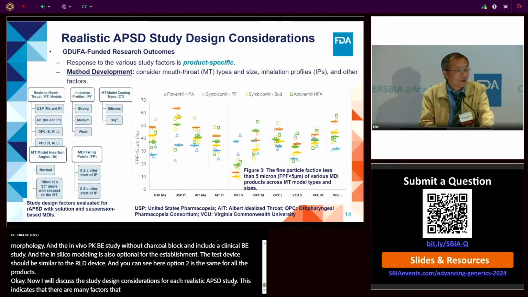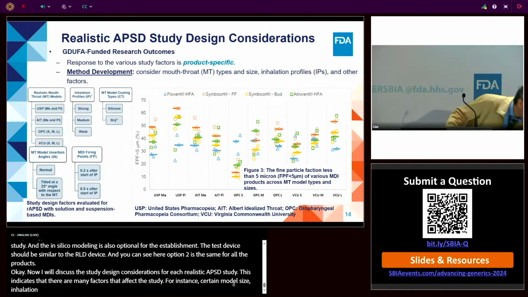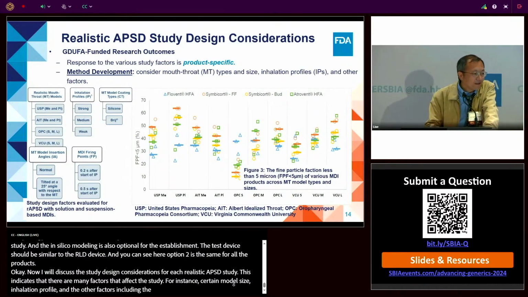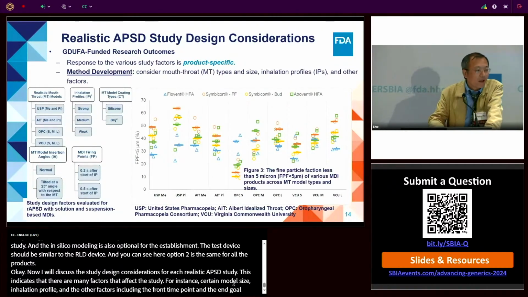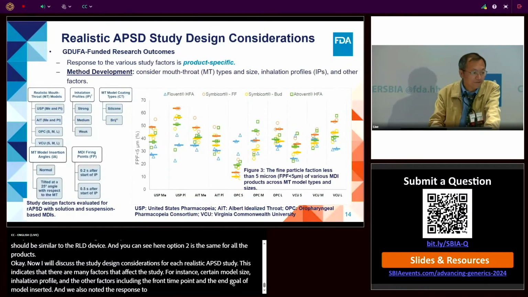For example, the Mouth-Throat model size, the inhalation profile, and there are other factors including the actuation time point, and the angle of the Mouth-Throat model inserted. And we also noticed that the response to the various study factors is product specific.